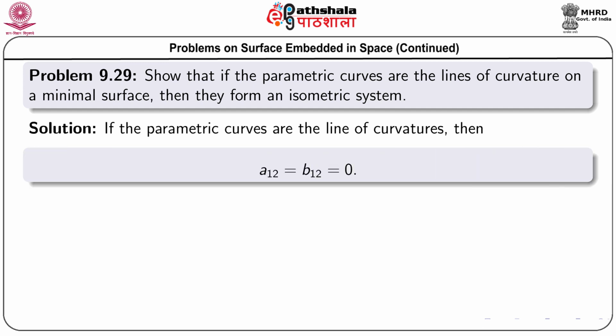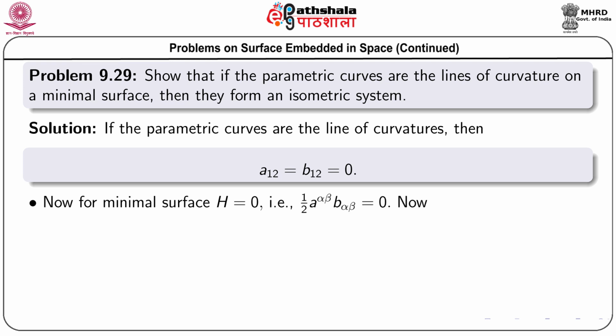Now, if the parametric curves are the lines of curvature, we have these conditions. In our earlier modules, we have deduced that if the parametric curves are the lines of curvature, then A12 equals B12 equals 0.